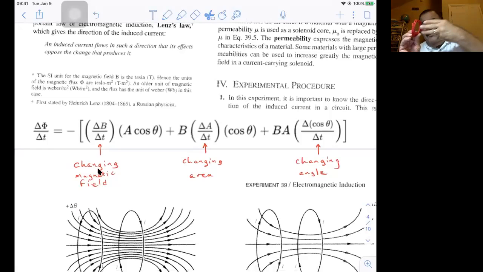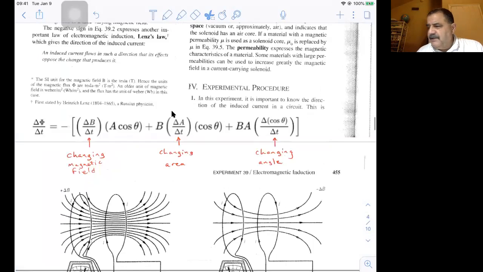If we have a magnetic field in this way, if we were to rotate this, it would be a changing theta, and that would induce an EMF. So those are the three ways that you can have delta phi over delta t: changing magnetic field, changing area, or changing angle. So let's collapse this back.